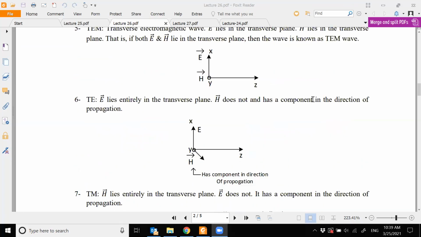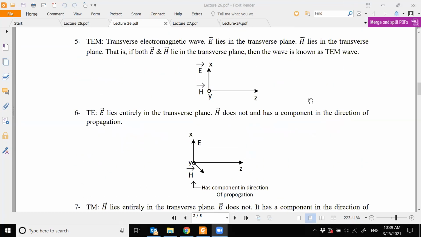Now, we have some important definitions here because these are the definitions we are going to use in our next courses. The first definition is TEM, which is called transverse electromagnetic wave.